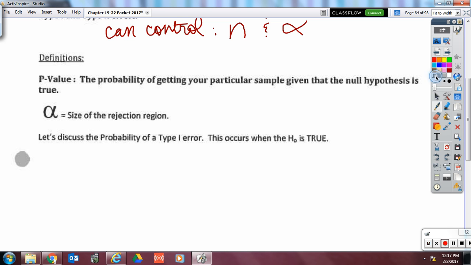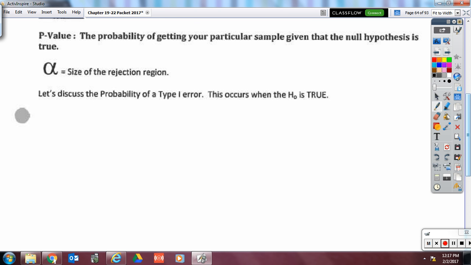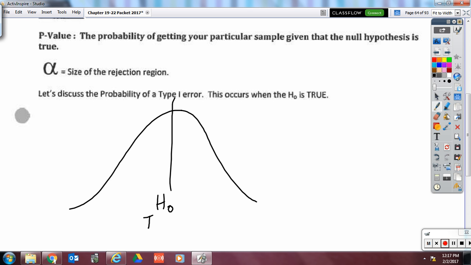Let's review from yesterday what it looks like when we have a type 1 error. Let's redraw this. You're going to get used to seeing these pictures. For a type 1 error, the null is true, so all of our data is in here. If the null is really true, but we get a sample that causes us to reject the null, that's a type 1 error.